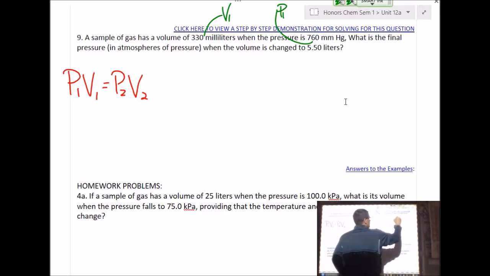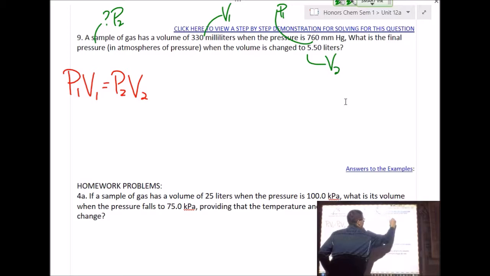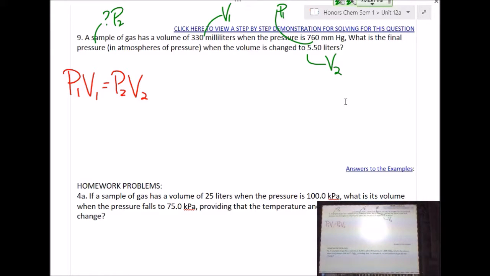Are you guys done? I knew you wouldn't put milliliters. Shh, you should be working right now. Thank you, Celeste. Are you done, Celeste?